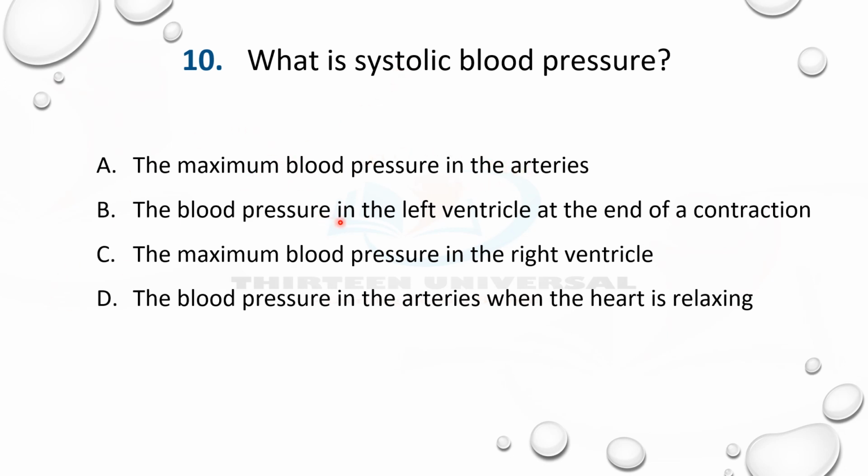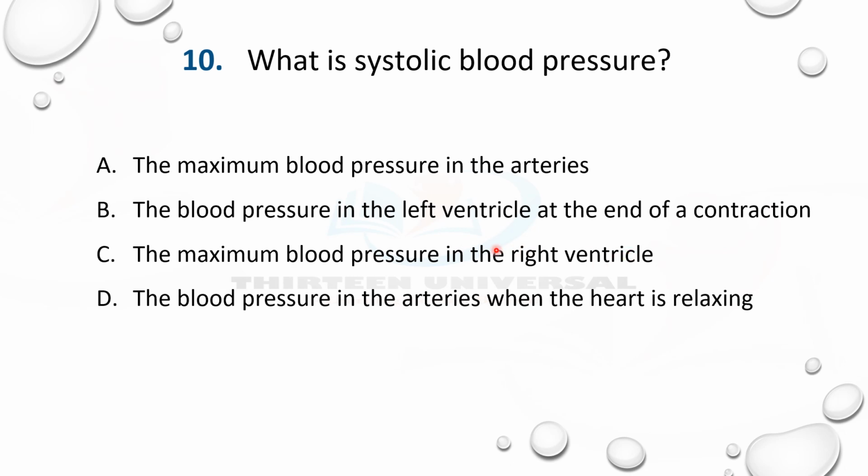B says the blood pressure in the left ventricle at the end of contraction. Well, this is what generates it, because it is due to contraction of the left ventricle, but that's not it. C says the maximum blood pressure in the right ventricle. No, the right ventricle does not generate as high pressure as the left ventricle, because the left ventricle has a thicker wall.